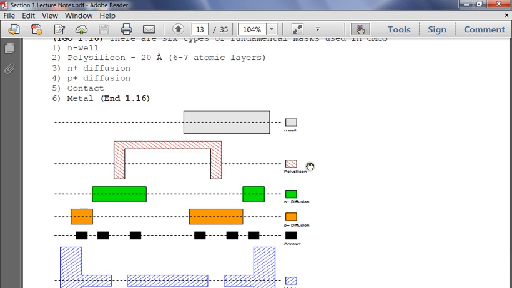Another aspect of this polysilicon is that the width of the polysilicon relates to something called feature size. If you've ever heard of 22 nanometer technology, 0.3 micron technology, and all that, that 22 nanometer relates to the width of the polysilicon.